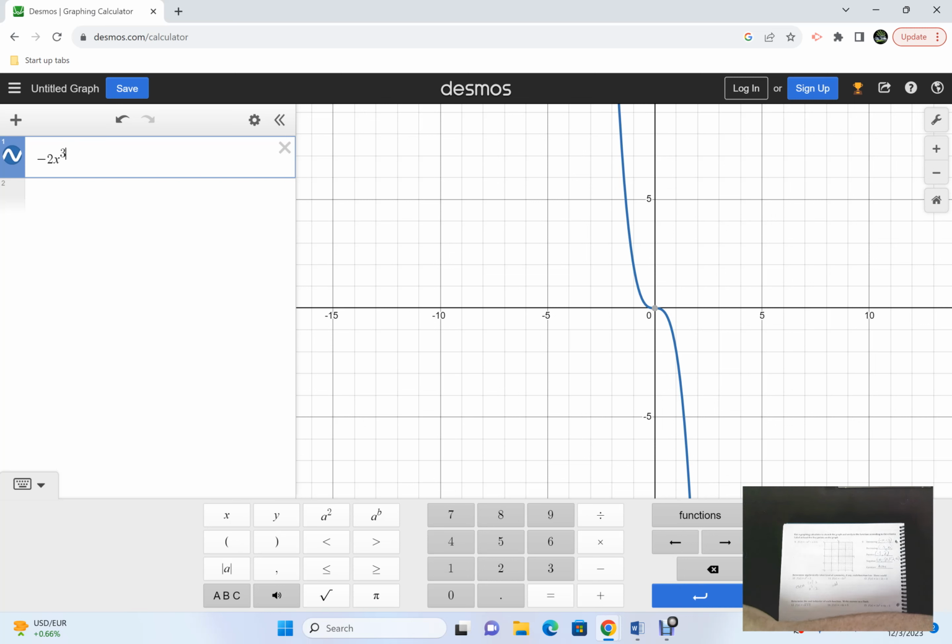So again, if you took this line and folded it diagonally, it would fold on top of this line over here. Okay? Right across the origin. Like right here, if I drew a diagonal line and just folded it, it would fold onto itself there. Okay, so that's kind of the idea with that one.